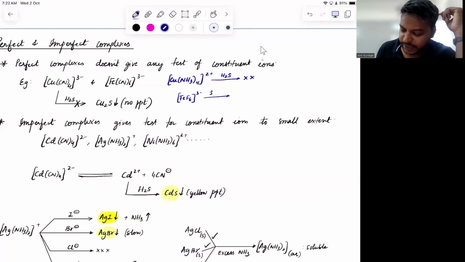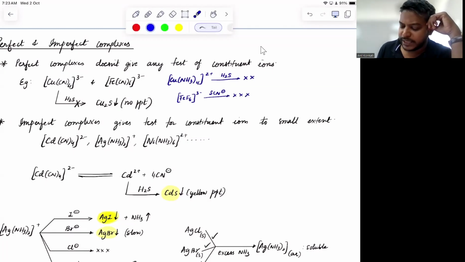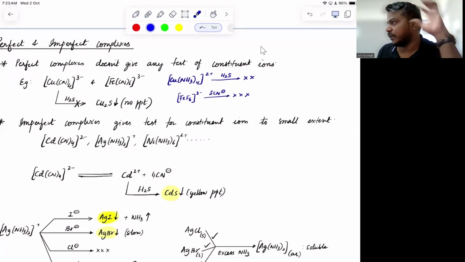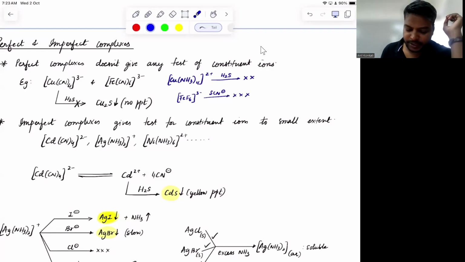If I add SCN- to this, I will not get any precipitate, which showcases that this is acting like a perfect complex. Why I took this example is that fluorides are very weak ligands, yet they form a complex which cannot be ionized. So the strength of the ligands has nothing to do with whether we observe a perfect or imperfect complex.